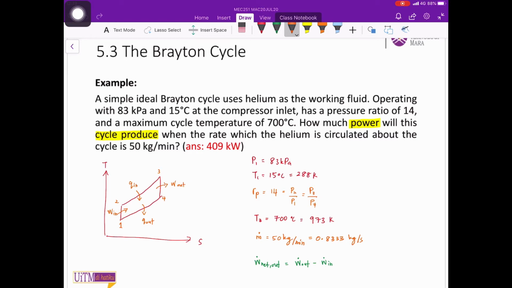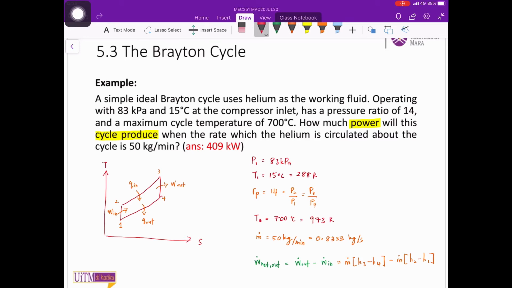Thus we can get the power net out will be equal to m dot (h3 minus h4) for the power out, minus m dot (h2 minus h1) for the power in.